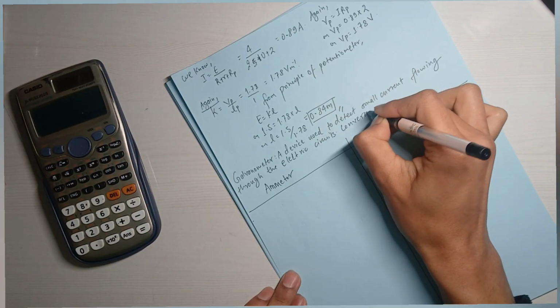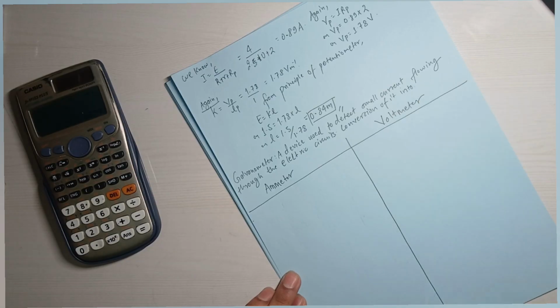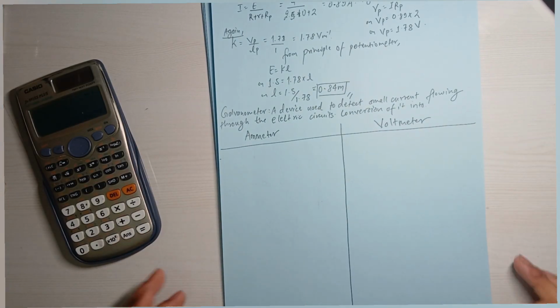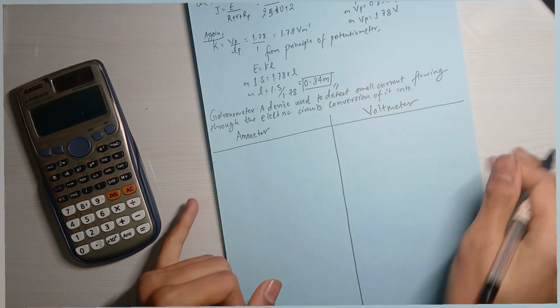So let's understand how it can be converted into ammeter and voltmeter. First of all, galvanometer needs to be connected to a shunt to be converted into an ammeter.